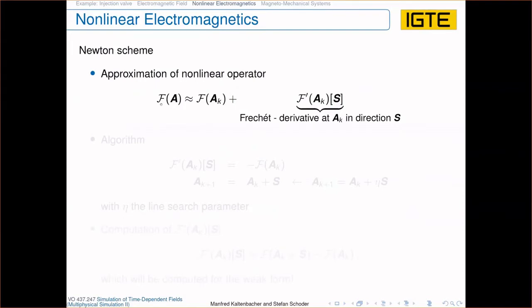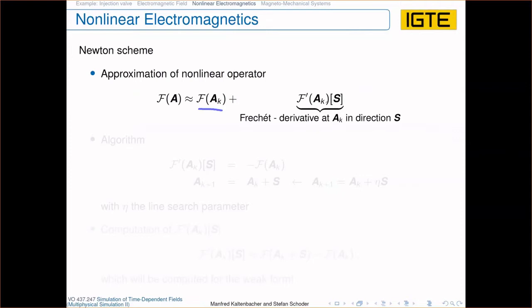Anyway, we have any nonlinear operator as a function of our magnetic vector potential A, and this we approximate by evaluating the operator at AK, so this is the current iteration we have, plus the derivative. So this is classical, as we have also for a Newton method for a function with one unknown.